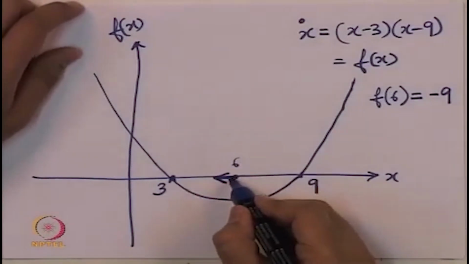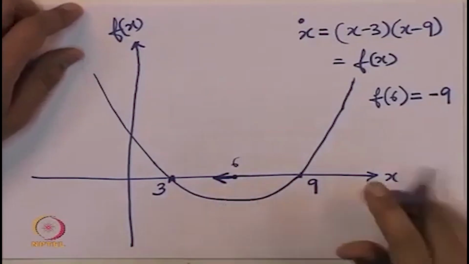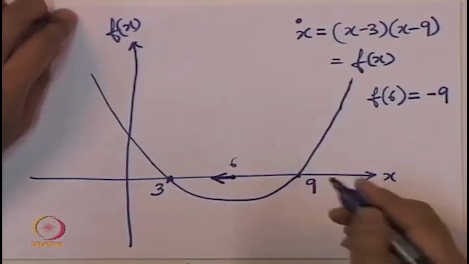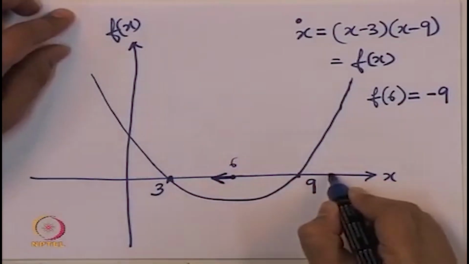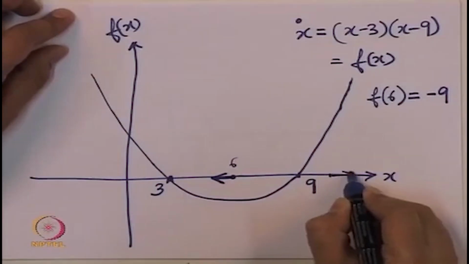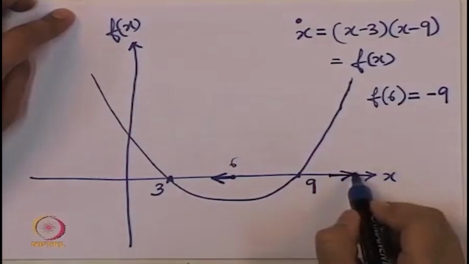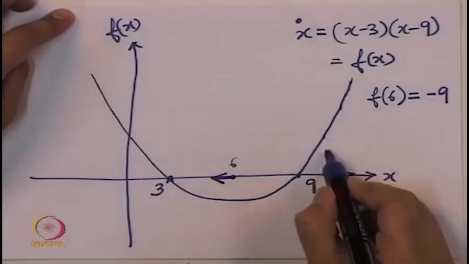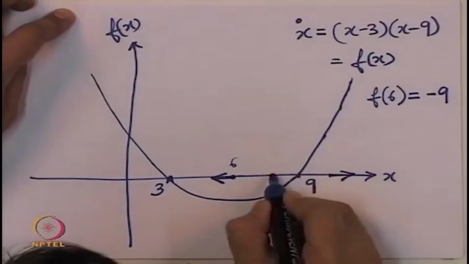It would decrease, and that is precisely what this arrow shows. The arrow shows the direction in which x will evolve. On the other hand, suppose we take x equal to 11. At x equal to 11, we can easily draw the arrow to the right. Why? Because at x equal to 11, the function f takes a positive value.